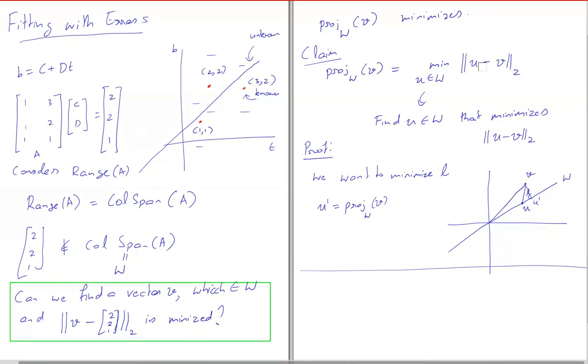Now we don't want to find the minimal value of u minus v. We want to find the u which minimizes this function, and that is called the argmin of that.